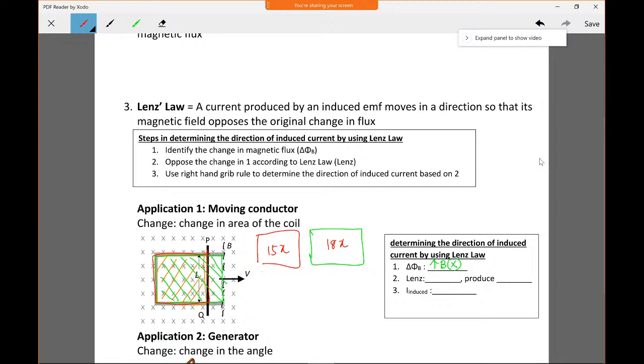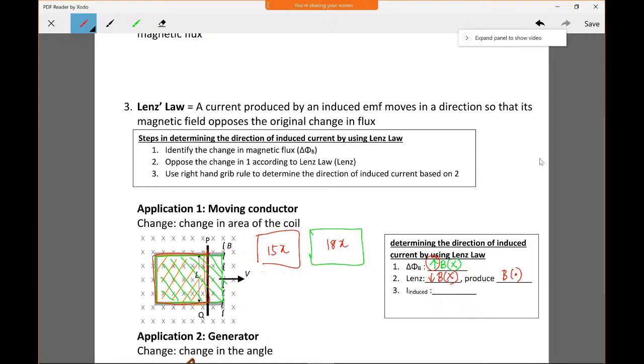The second step is to oppose the change. If your observation is an increase, then to oppose you have to decrease. So copy the same thing: decrease the crosses. If you would like to decrease crosses, what should you produce? You have to produce dots, because the dot can cancel off with the cross.